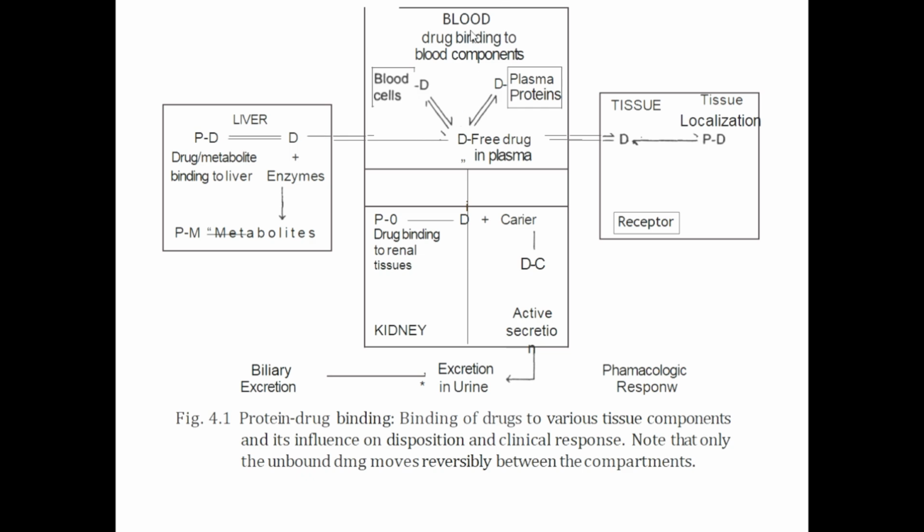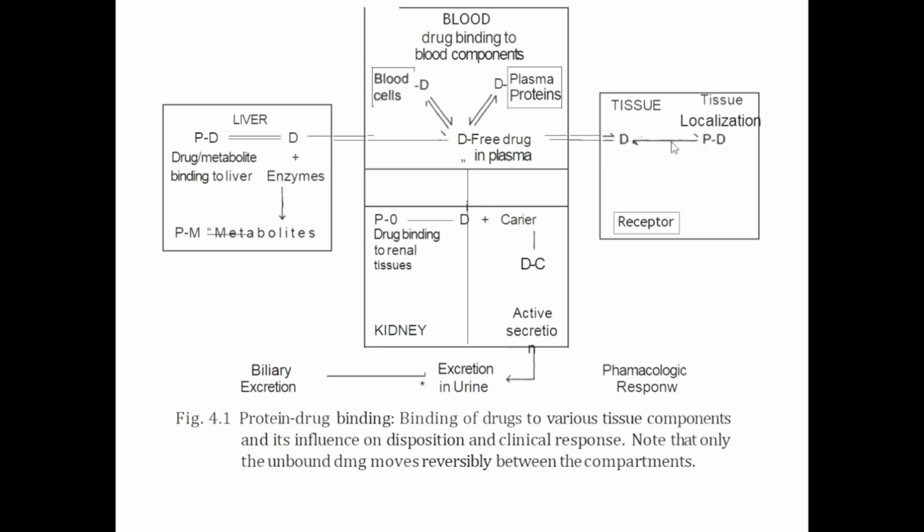Here you can see the diagram. Blood, where free drug is present, interacts with plasma protein and forms a protein-drug complex. Then the drug will distribute to the targeted organ, tissue or cells with the help of receptors. It is a reversible process.